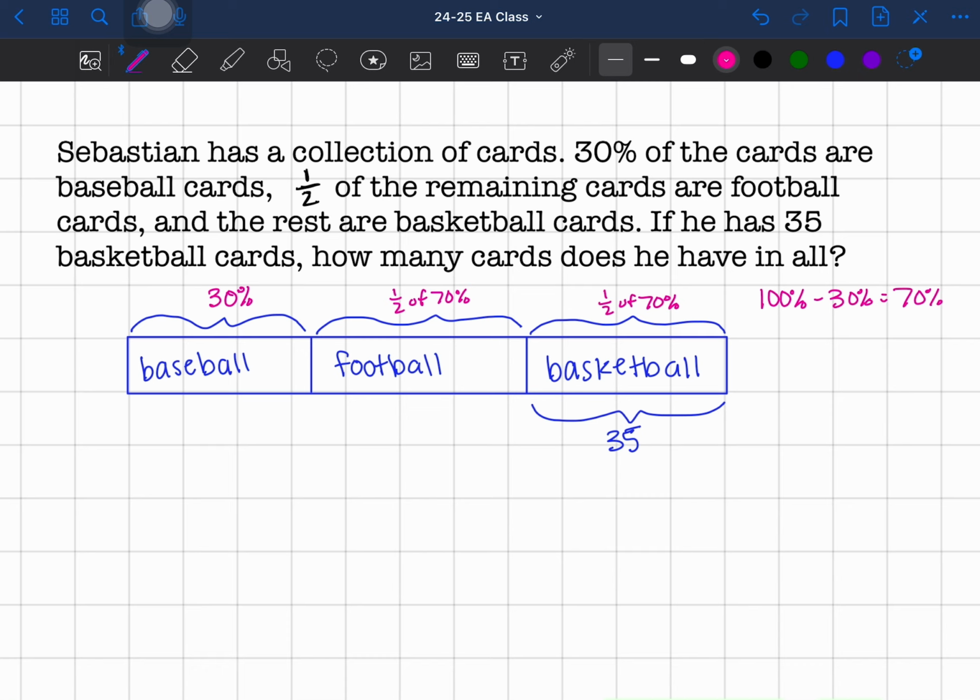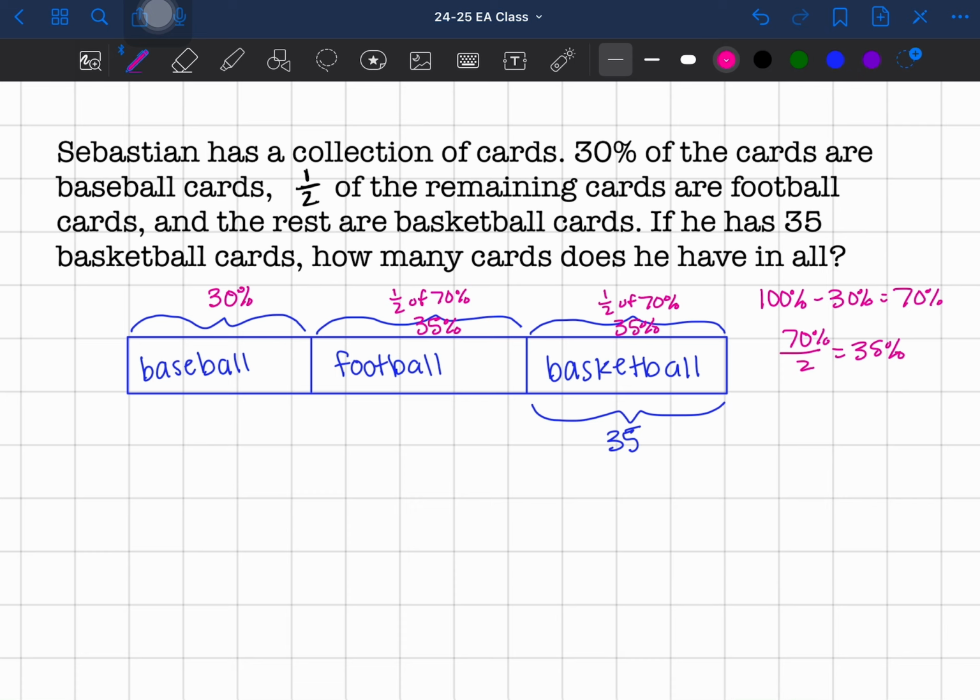So we can find out how much is 1/2 of 70%, or you just divide 70 by 2. So 70% divided by 2 is 35%. So basketball is 35%, and football is 35%, and baseball is 30%.